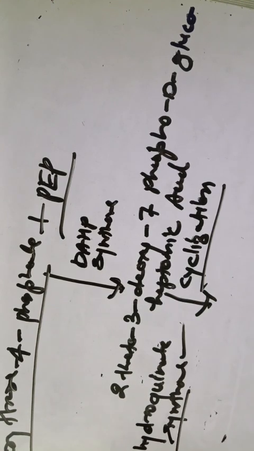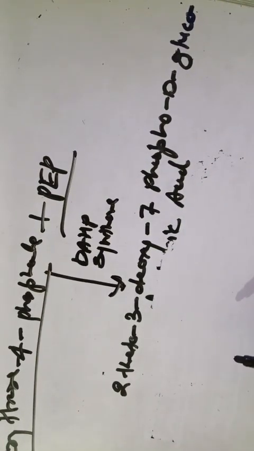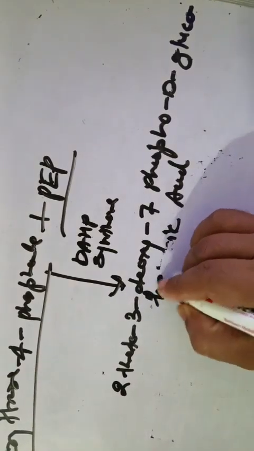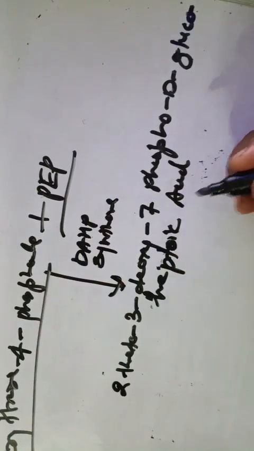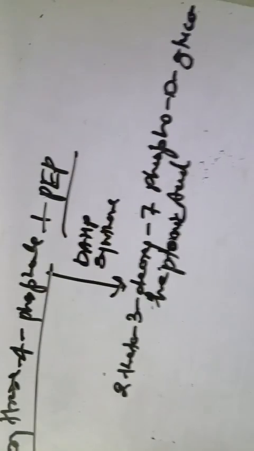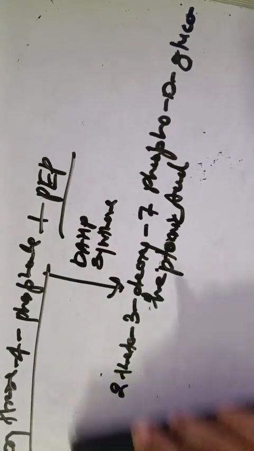Before going to the cyclic structure, let me make 2-keto-3-deoxy-7-phospho-D-glucoheptonic acid. If you make the structure, you can see what is happening. That is CHO, CHOH, CHOH, CH2OP.